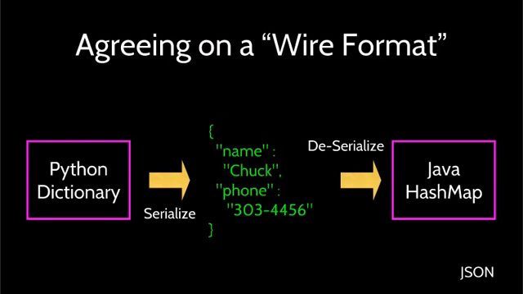Similarly, we'll convert the Python into JSON. JSON is this kind of a format. So basically, all we are trying to say here is that when you are contacting a web service, it might be written in a language different from yours.